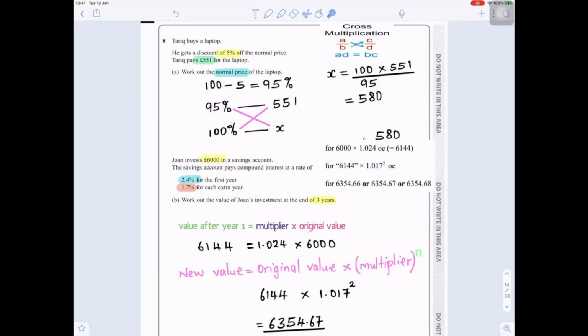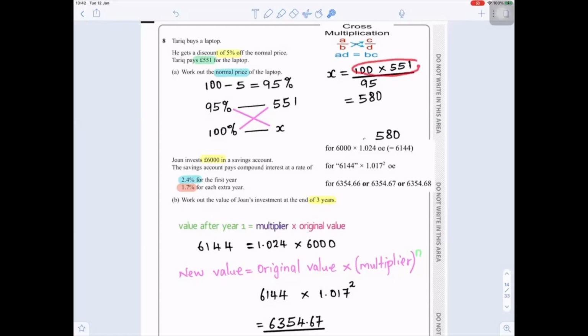We can use the method of cross multiply. So 95% is equal to 551 pounds. 100% is equal to X. Because you multiply 100 times 551, 95 times X. And then you will divide by 95.